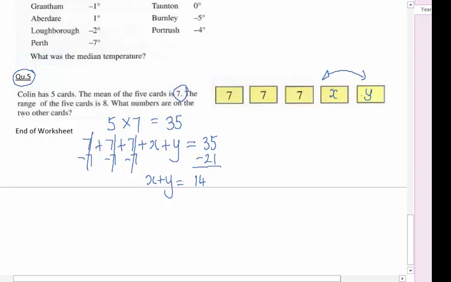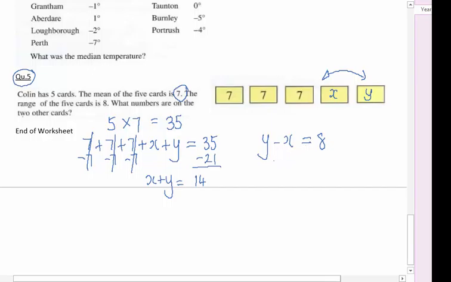I don't know yet which way around it's going to be, but I do know that if I take Y and X and take one away from the other, I end up with a difference of 8, the difference between the biggest card and the smallest card. I could have said X minus Y, it wouldn't make any difference. So Y minus X I'm going to say is equal to 8.